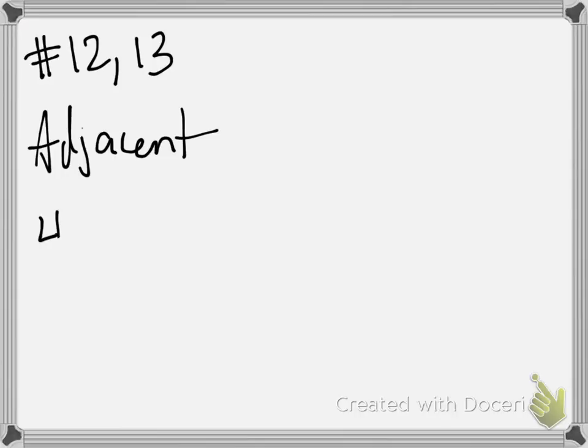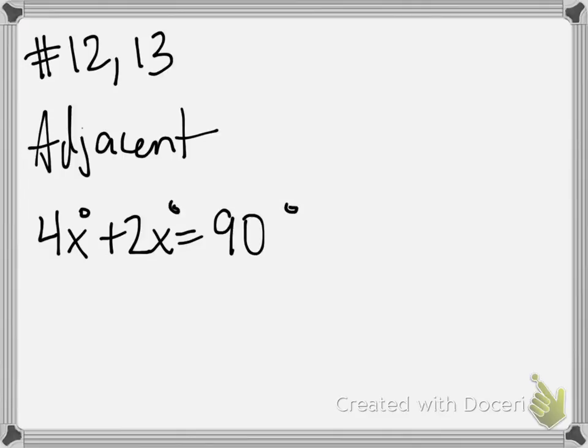Let's see how you did. Number 12. We have, first of all, they are adjacent angles. They are next to each other. And so we have 4x plus 2x equals 90. Okay, and I really should put the degrees up here. What we have to do first, we have to combine our like terms, so 4x plus 2x.